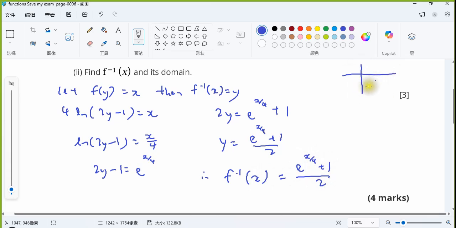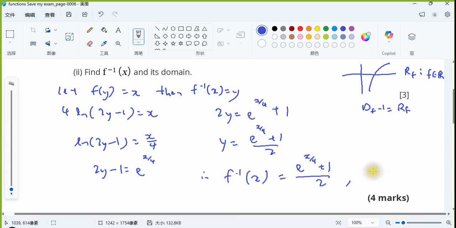So we know that this one is like this. The range for f is the real numbers. So the domain of f inverse is the same as the range of f.